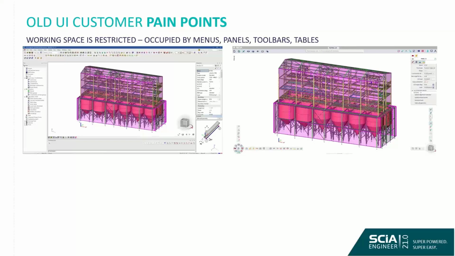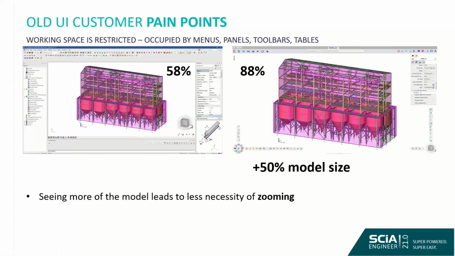Let me now focus on some of the separate pain points, and let me start with the comparison of the working space. You can see that in the old environment, approximately 58% is used for the actual model, for the 3D scene and its components, while in the new user interface this is increased. The increase is apparent at first glimpse, approximately by 50% from the original model size.